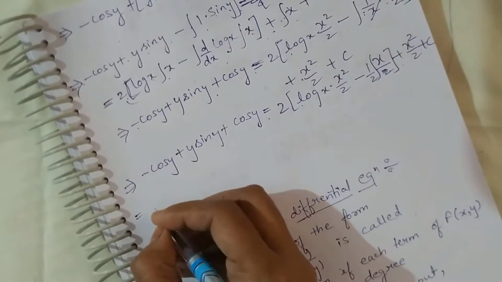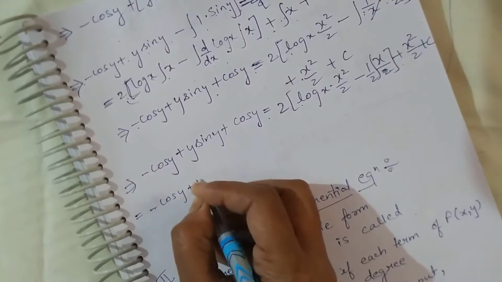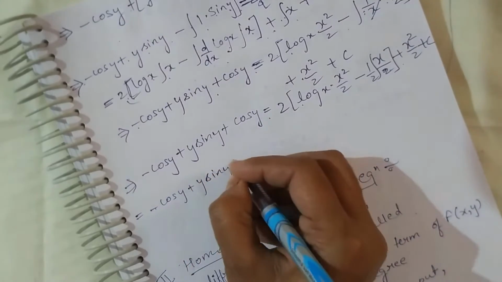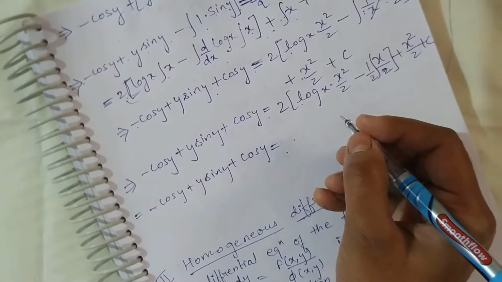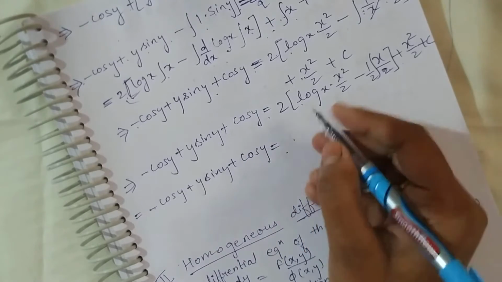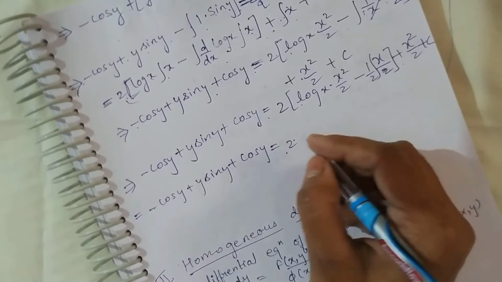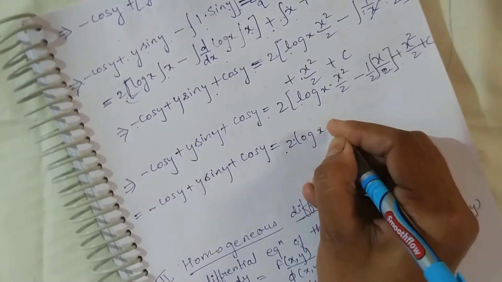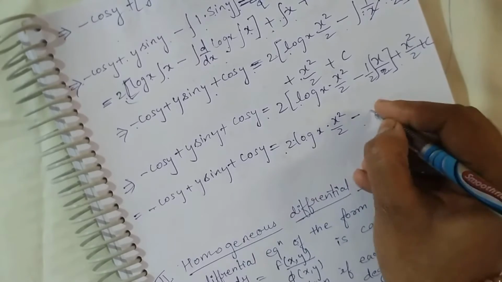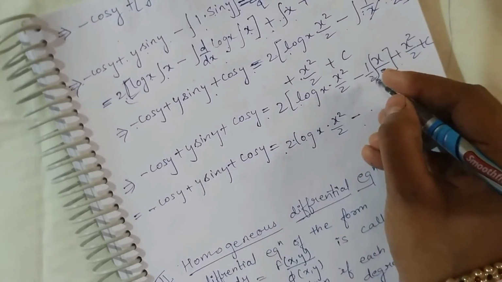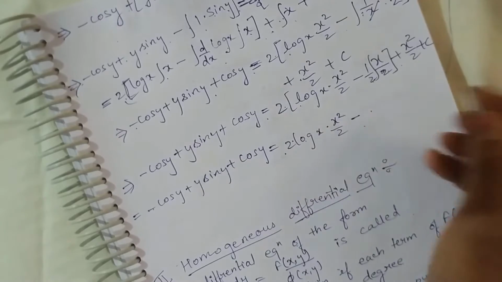We get minus cos y plus y sin y plus cos y equals 2 times log x times x square upon 2, minus the integration of x, where this 2 and this 2 get cancelled.